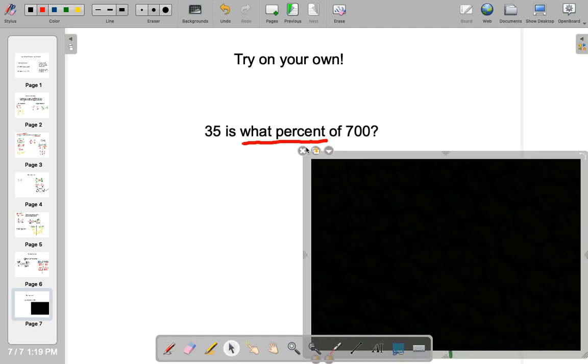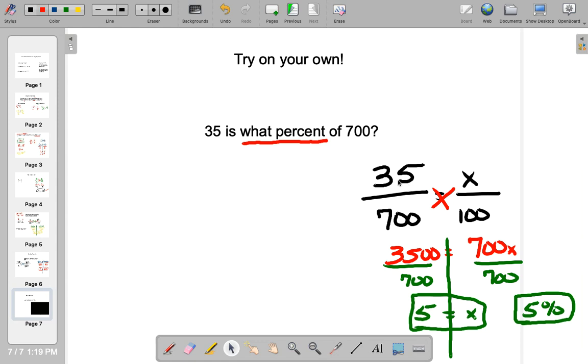So this problem, what I did is I did 35 out of 700 because 700 is our total, 35 is our part. 100 has to be in the bottom right because it is the percent per 100, and X went up here in the top right. I solved my proportion and I got 5, which means that 35 is 5% of 700.